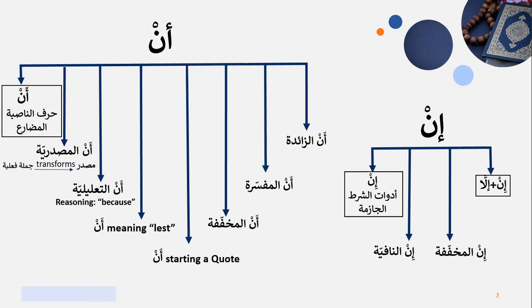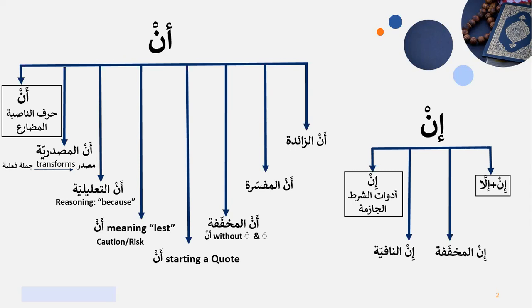An ataliliya is basically an of reasoning, and it's translated as because. Un meaning lest, which you can say is an expression of caution or risk. Un starting a quote, which is fairly simple.